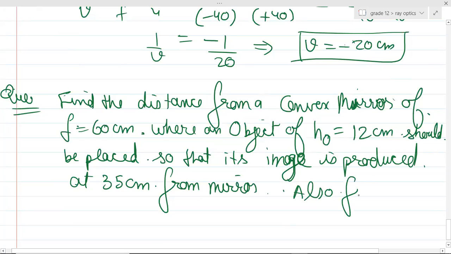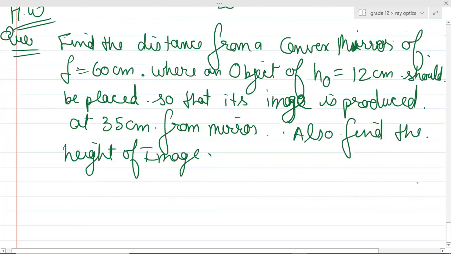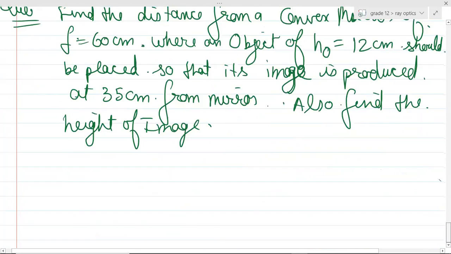Also find the height of the image. So it's a typical 10th grade question, just including the magnification formula as well, right? So please do it as homework. I don't have the answers to the problem, but still. Next question. Please write it, then I'll do the next question.